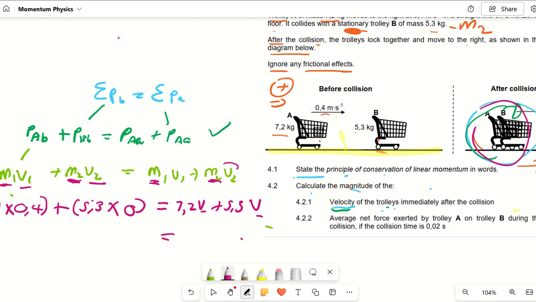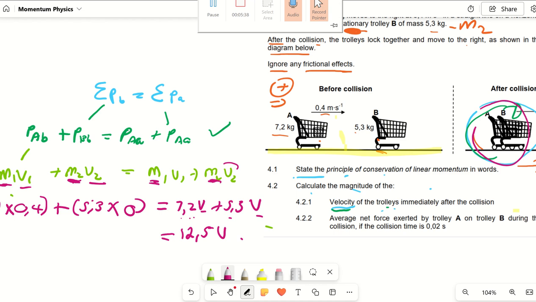So this will give us 7.2 plus 5.3 equals 12.5 v. Are you guys happy with that 12.5 v? Yes, sharp.